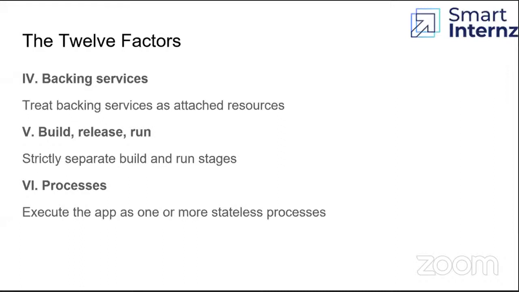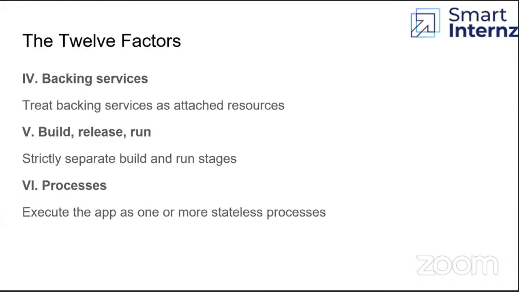Let's say your web application is using MySQL DB as the database. In future, you decide to migrate your database from MySQL to Aurora, or you want to shift to MongoDB. For that process, you should not edit your code manually to shift to a particular database, right? You should have a separate configuration file which takes care of that for you. You should not go and edit the code manually.